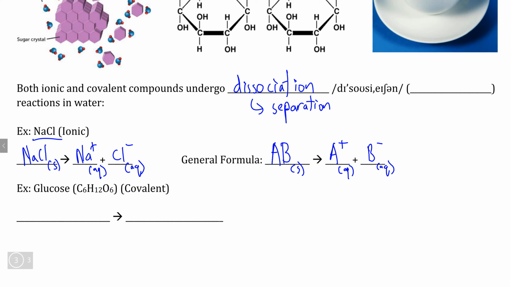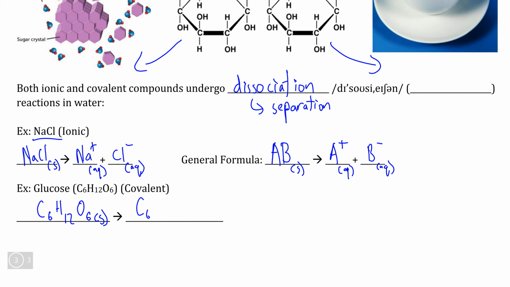However, dissociation reactions don't necessarily need to involve ionic solids. What about for solids that do not ionize? Well, if we consider the chemical formula for sugar, the technical name for which is glucose, we know that sugar starts in its solid form like this, but we do see the sugar disappear because the water molecules are able to pull individual sugar molecules apart from each other, just like with salt.